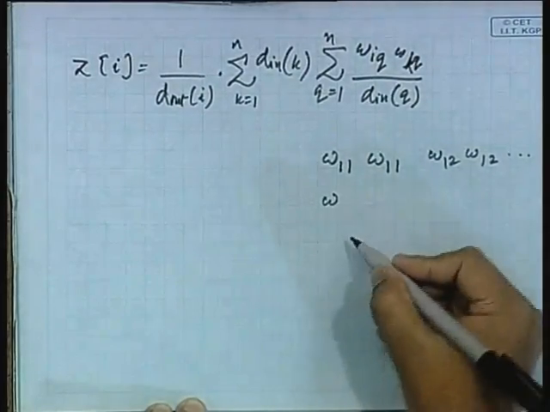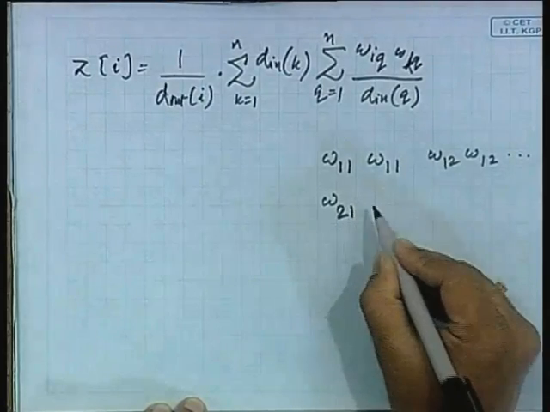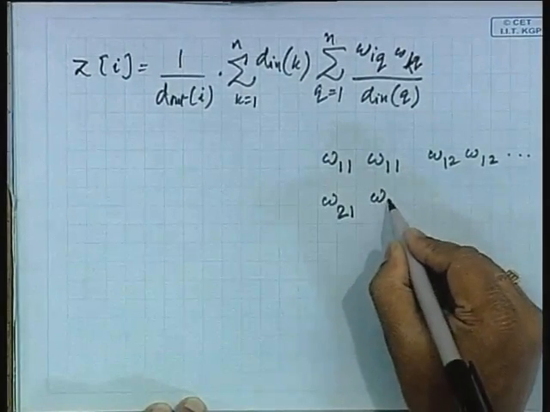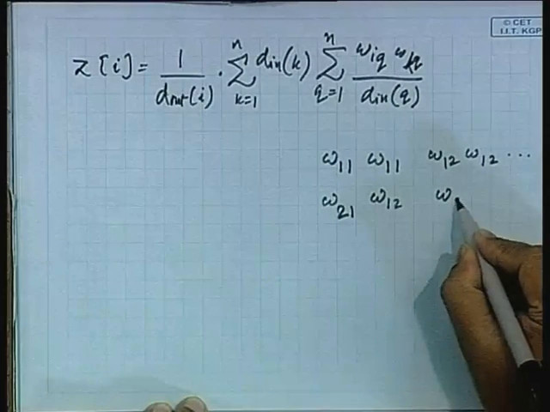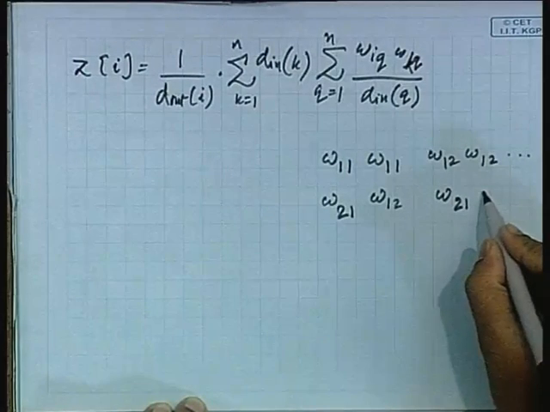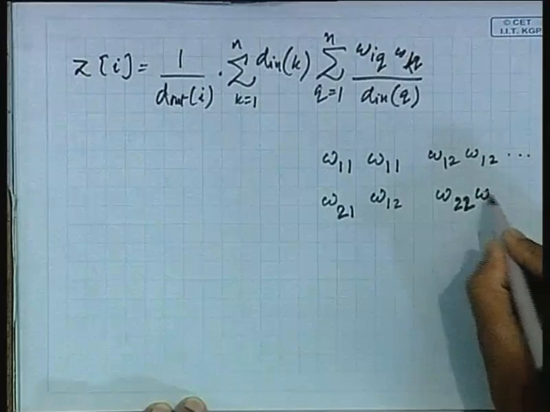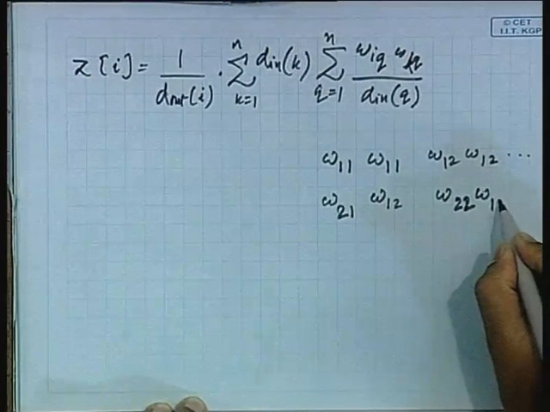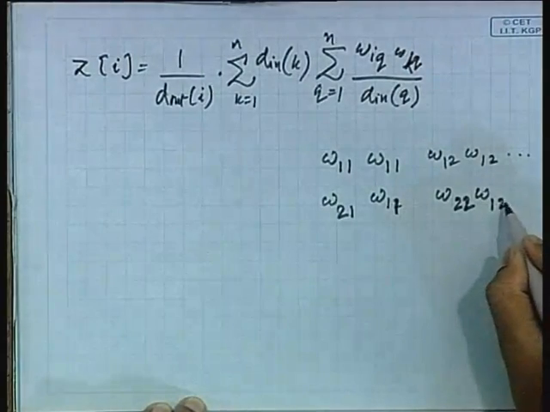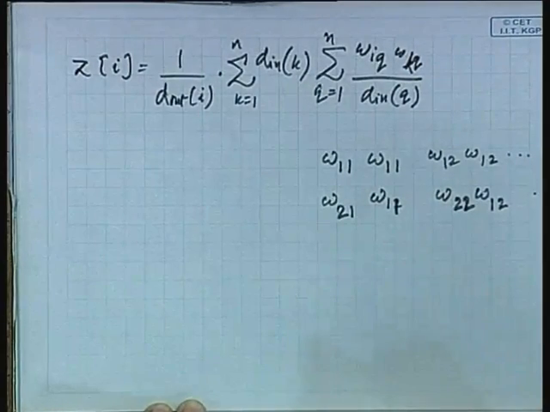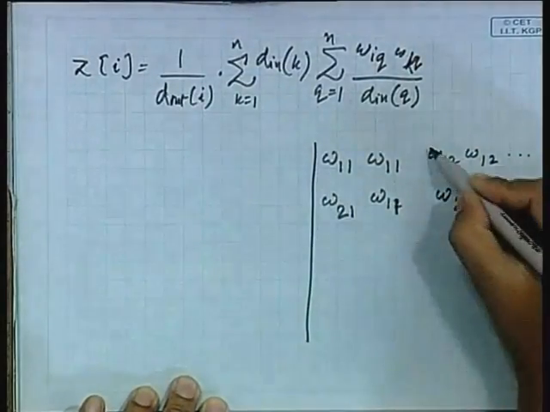The other series you will get, so now you held I at 2 and q at 1. And so on.